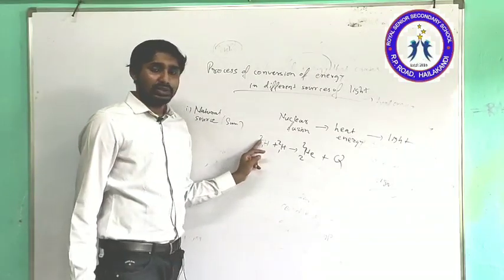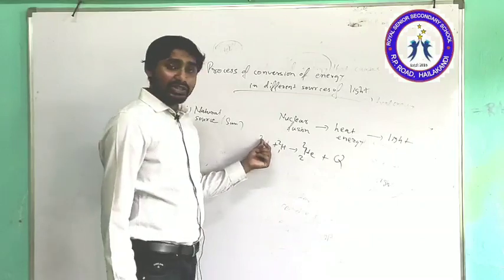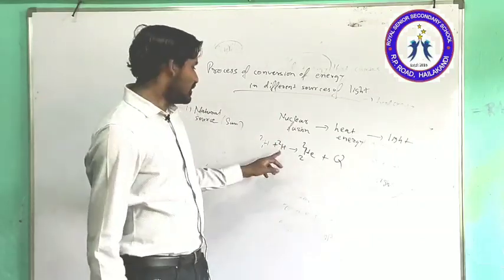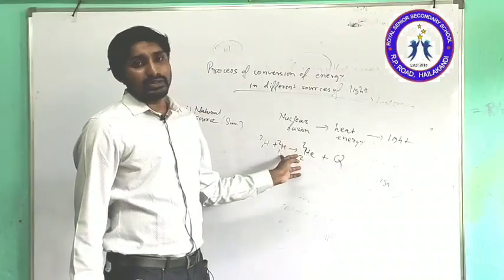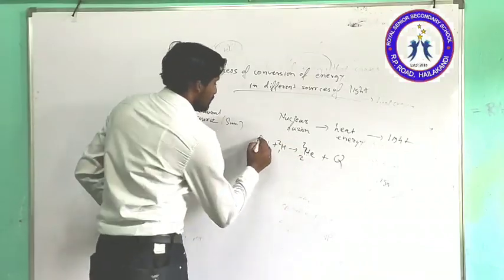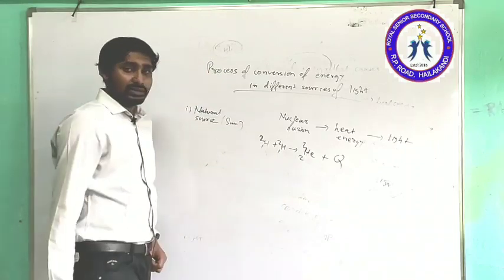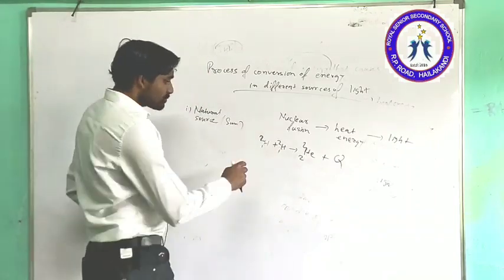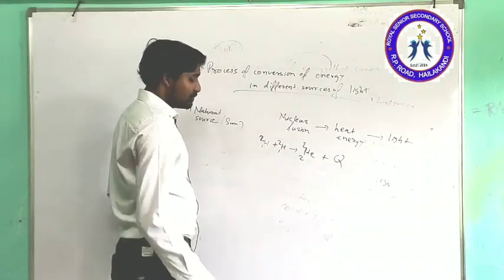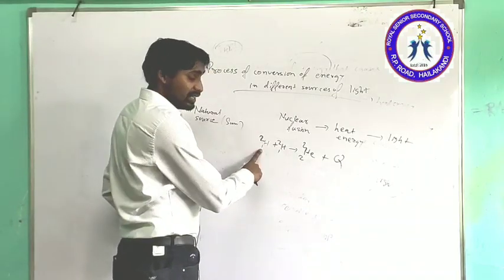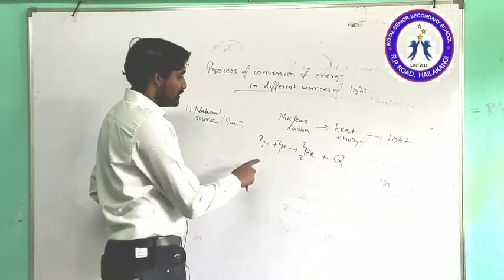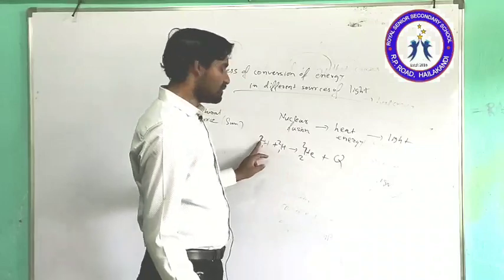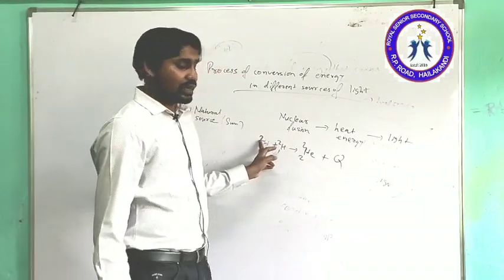In deuterium the mass number is 2, in tritium the mass number is 3, and in protium the mass number is 1. So 2 means we are considering the deuterium isotope of hydrogen. Here we have 1 proton and 1 neutron, so the atomic mass becomes 2.